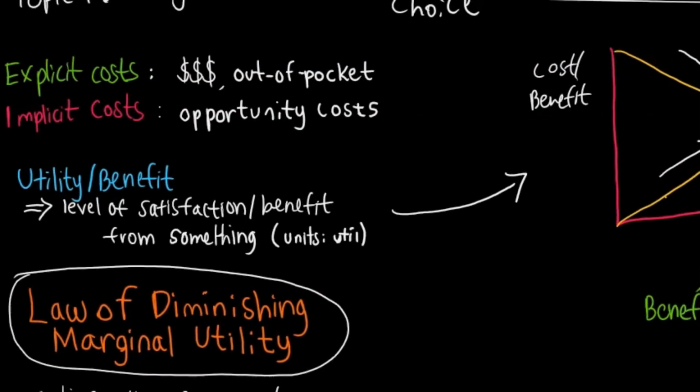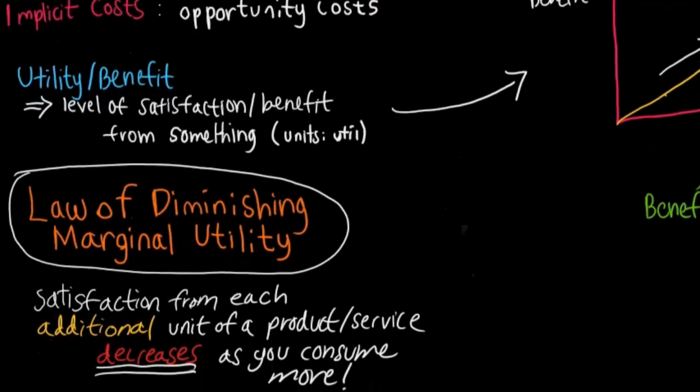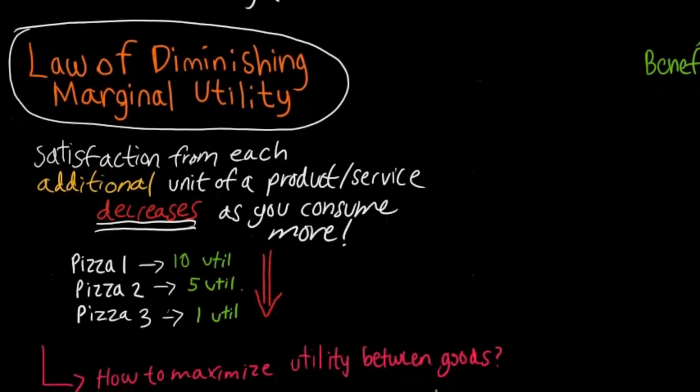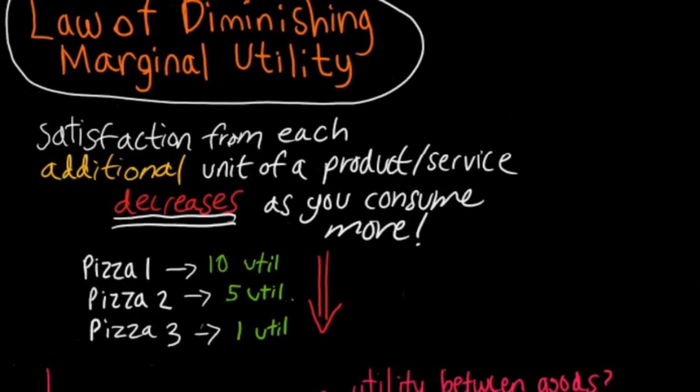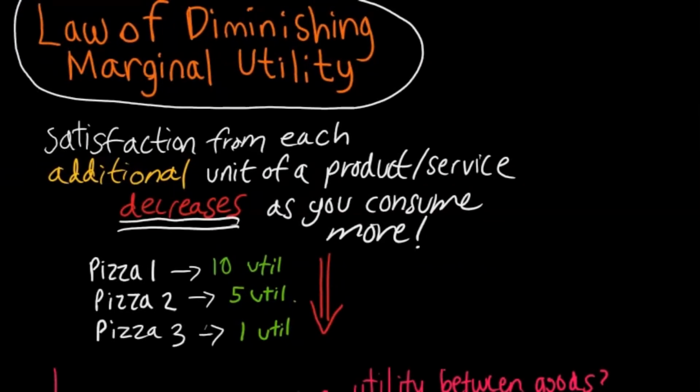And the big thing behind this is that there is the law of diminishing marginal utility, okay? Basically, if you do something for a while, you're gonna get less and less from it, right? You're gonna be less and less satisfied from each consecutive product or each consecutive, say, slices of pizza in our case. So the first slice of pizza that you eat might give you 10 utils. Okay, that just measures the amount of satisfaction.